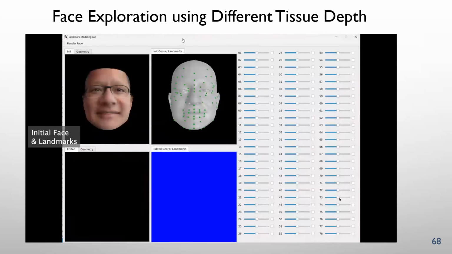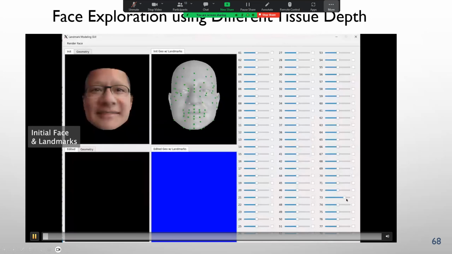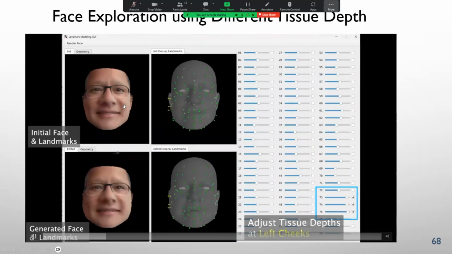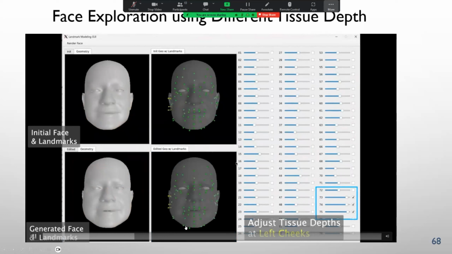Maybe it's easier to show this on this demo. Starting from a current face, we adjust the tissue depth at the left cheek. Then we apply this network. It will calculate the tissue distribution on all the other landmarks, and then it will adjust the face accordingly.